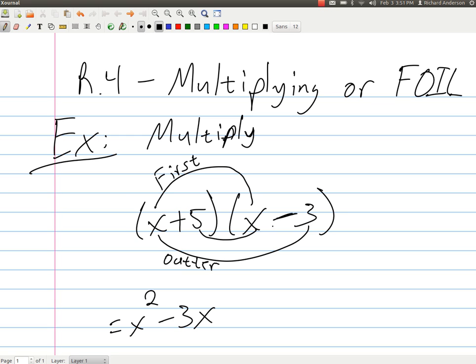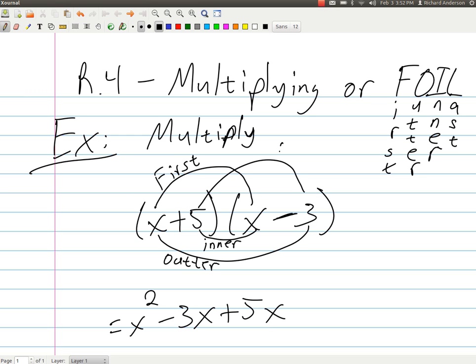Then, of course, the I in FOIL right here stands for inner. And so the inner would be positive 5 times x right here, and that's going to be plus 5x. And then, of course, the L would stand for last. First, outer, inner, last.